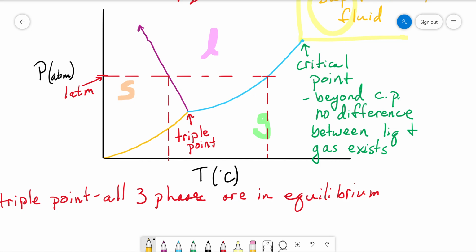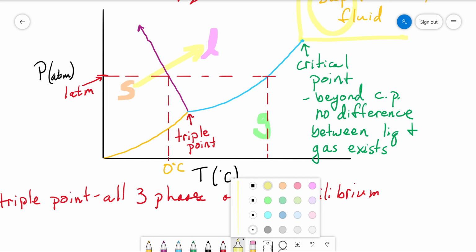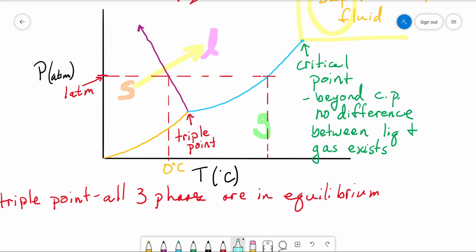And I assume you all know what temperatures those are going to be. Right here, what happens when we cross from solid to liquid? When we go this way, well, it melts, right? We get melting. So that right there is 0 degrees Celsius. That's the normal melting point. And what about the other one? Well, when we go from a liquid to a gas, what happens here?